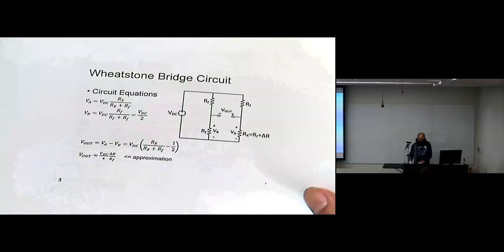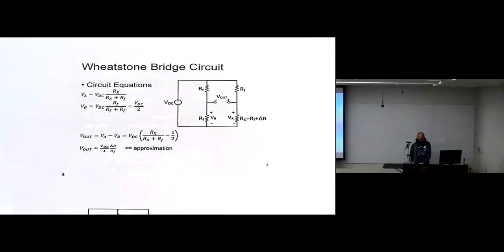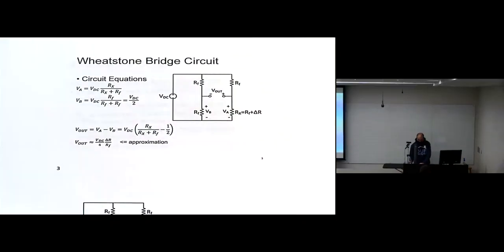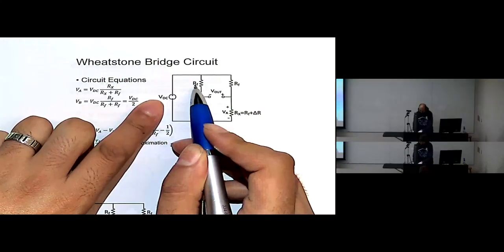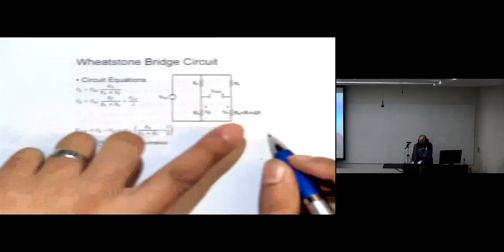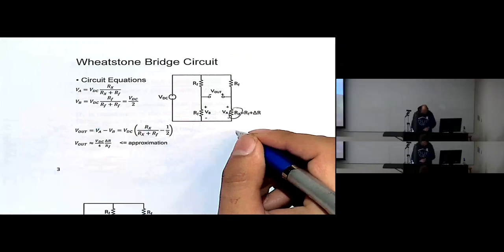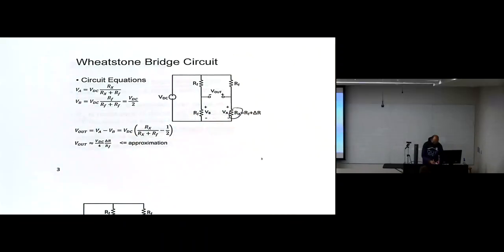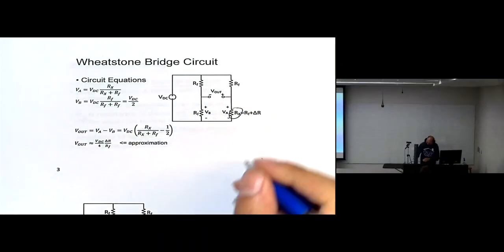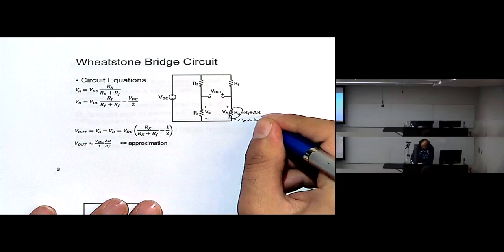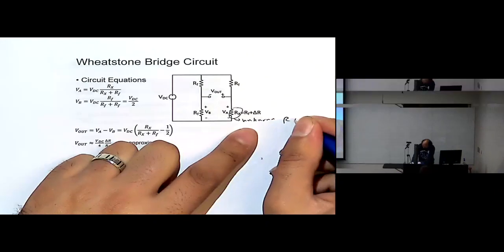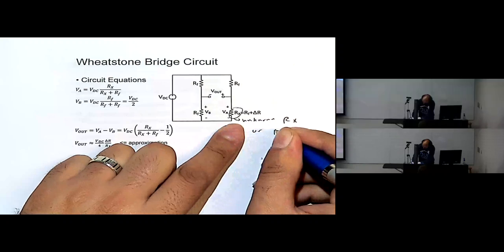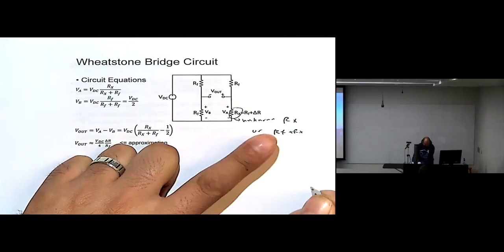So for the Wheatstone bridge circuit, this is the equivalent circuit. We have this DC voltage, RF, and RX, which is the unknown that we need to find. We have 2 approaches. We can call this RX, or we can call it RF plus RX.